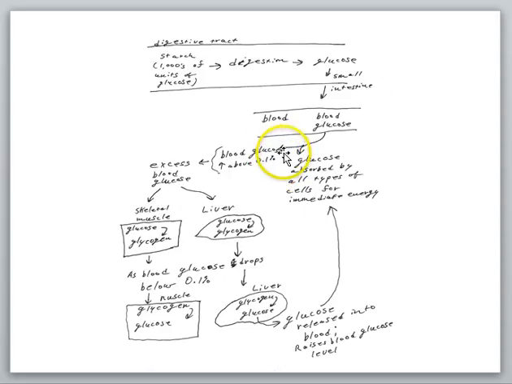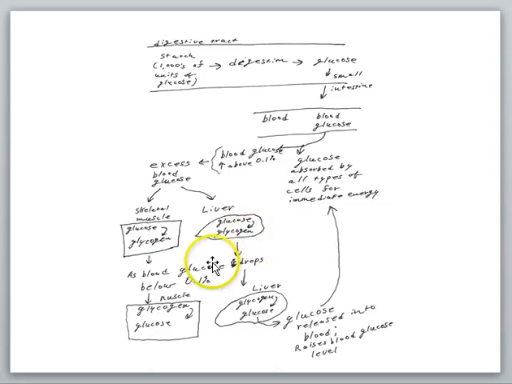So this excess glucose is going to be tied up. So here's this excess blood glucose, and in the skeletal muscle we can convert that excess glucose to glycogen, or in the liver, we can convert the excess glucose to glycogen.